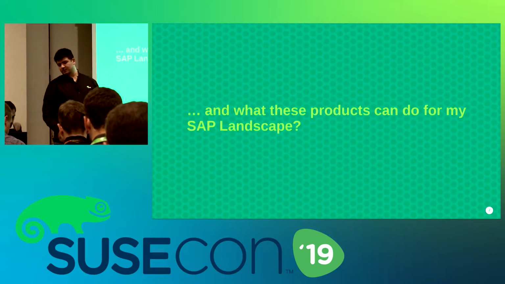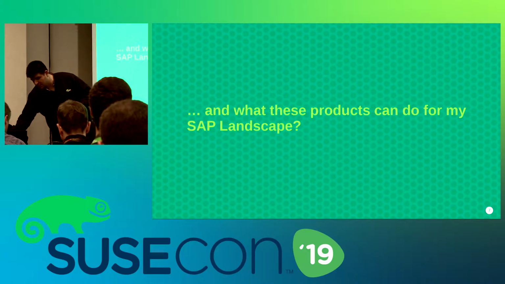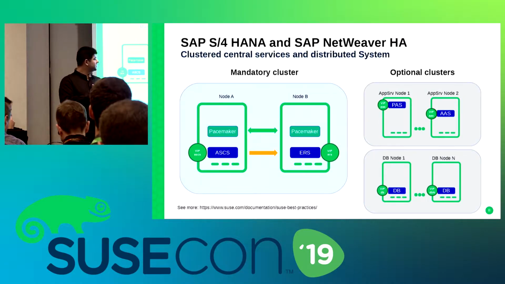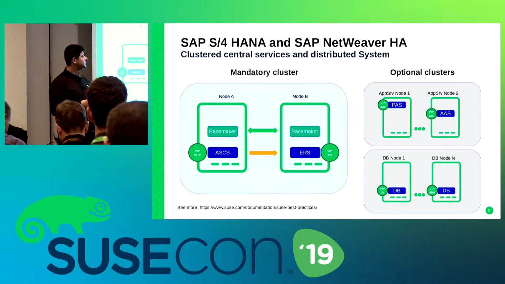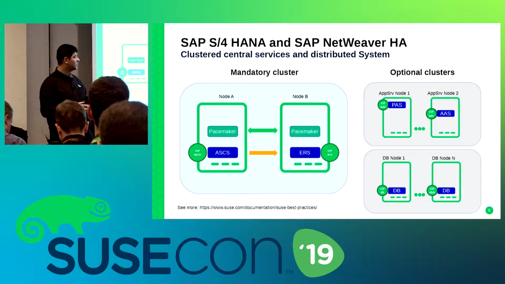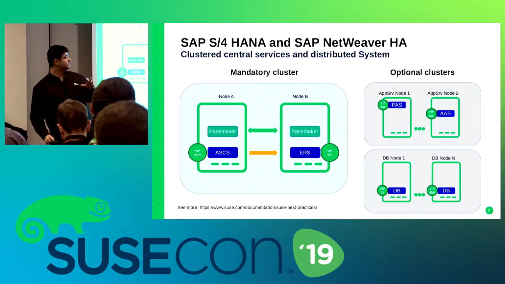But what about SAP? What exactly can SLES for SAP do for my landscape? Why should I use HA? I will not cover this in deeper detail. We have a session tomorrow handled by our colleagues Bernd and Fabian about this, and they will cover it in depth. But it's important to note that we have cluster solutions with automated failover for S/4HANA and NetWeaver, so all the application server layer, for many different scenarios.